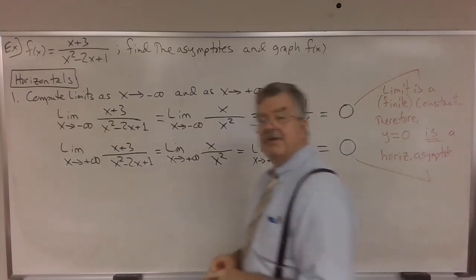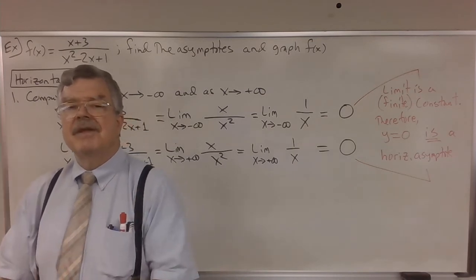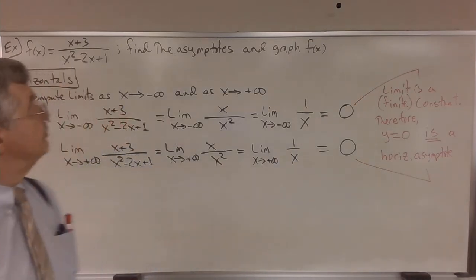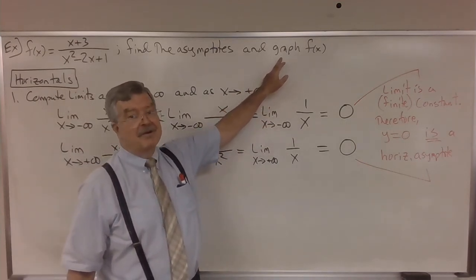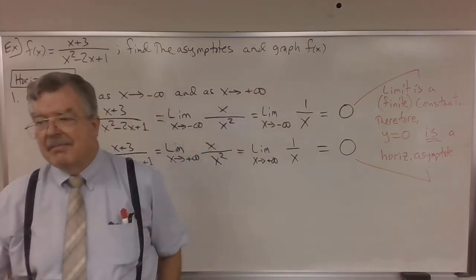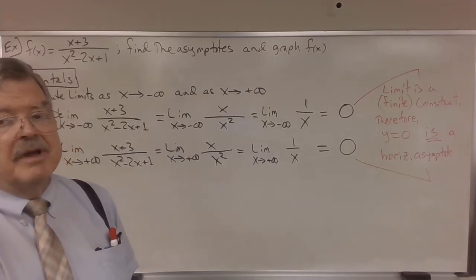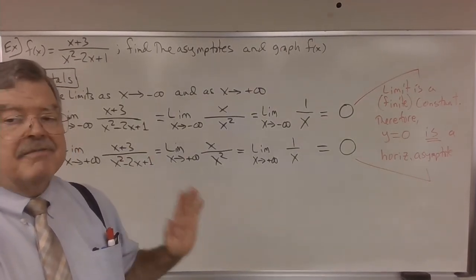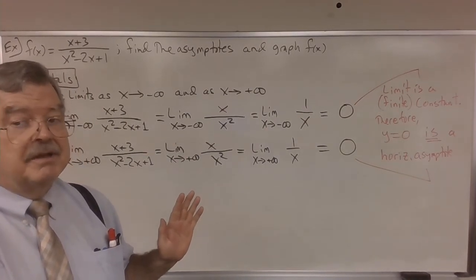So whatever horizontal and vertical asymptotes there were for this function, we found them. We also have to graph f of x. But that's okay. Given the information that we've come up with, graphing f of x is not going to be a big deal.